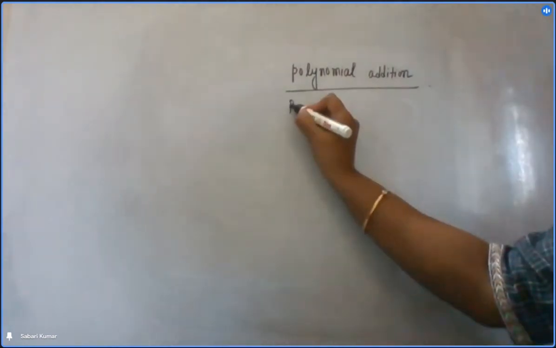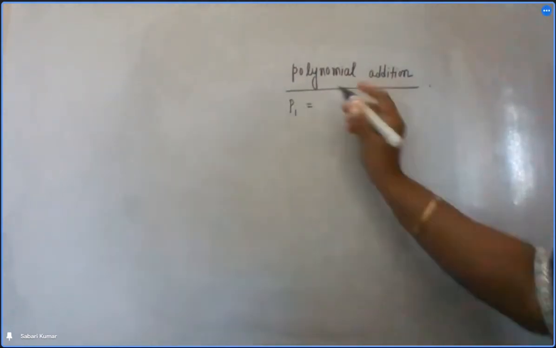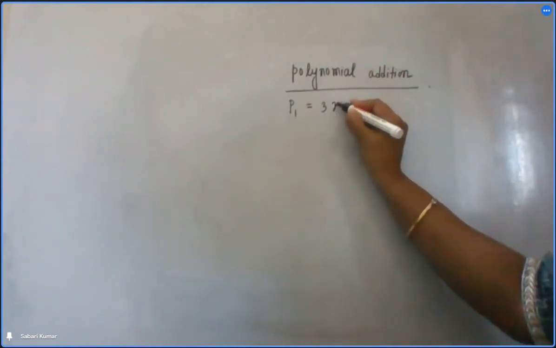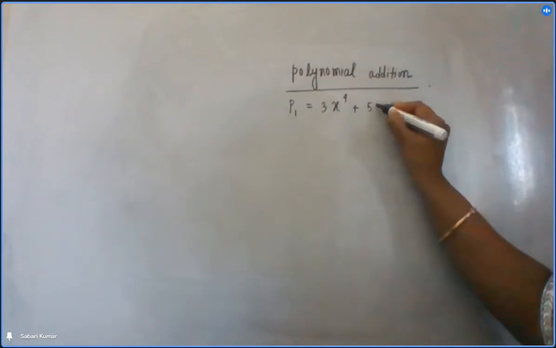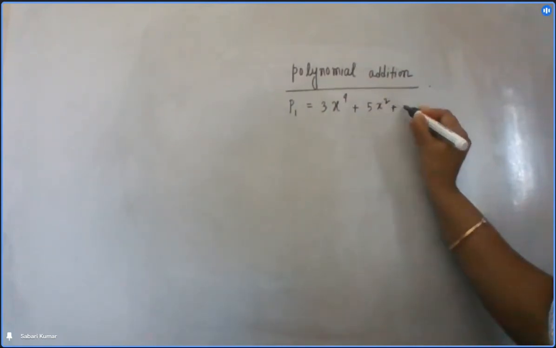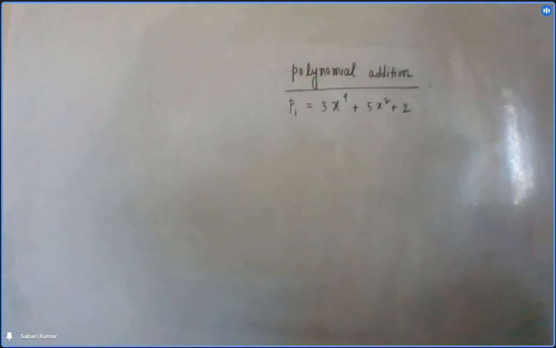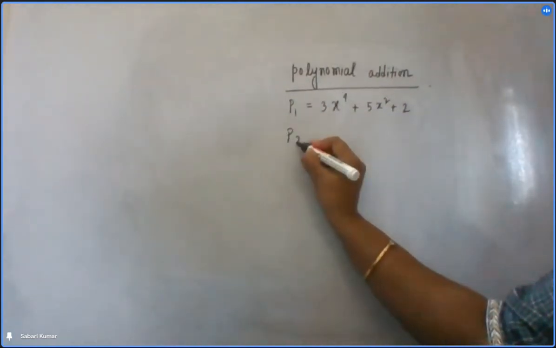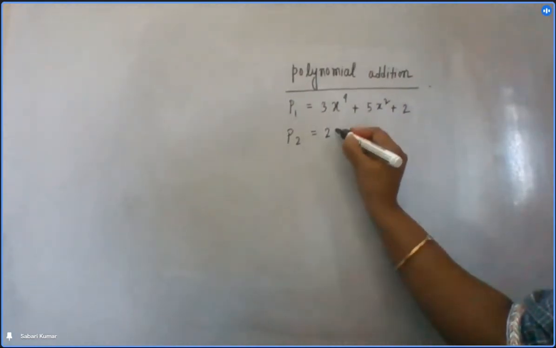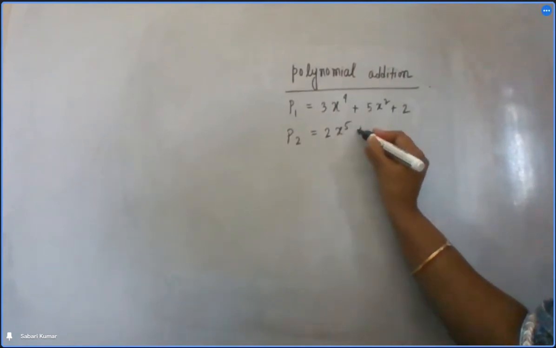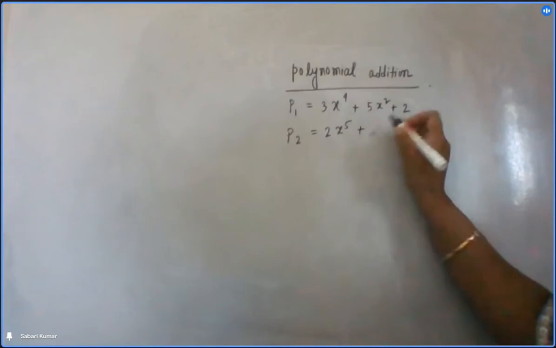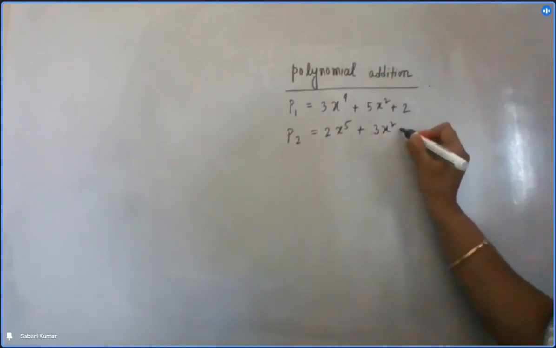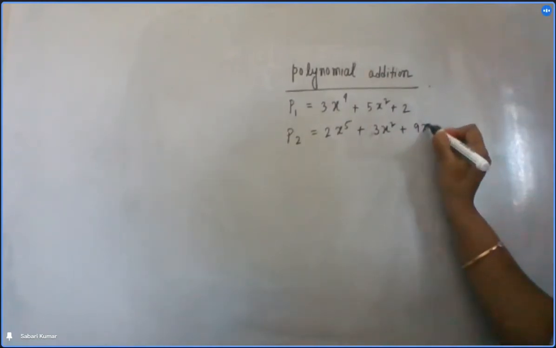Suppose you have a first polynomial p1 is equal to 3x to the power 4 plus 5x square plus 2. This is the first polynomial. And we have another polynomial 2x to the power 5 plus 3x square plus 9x.